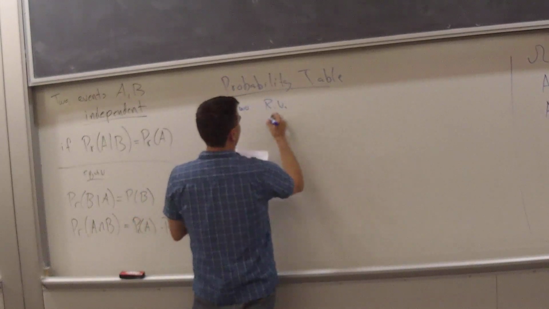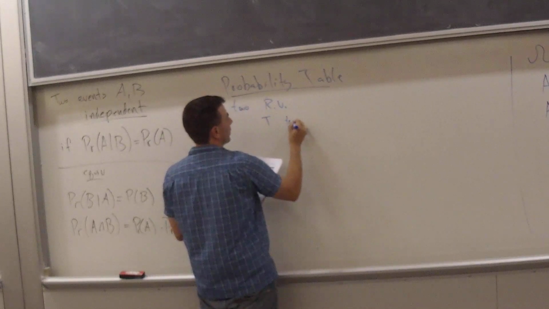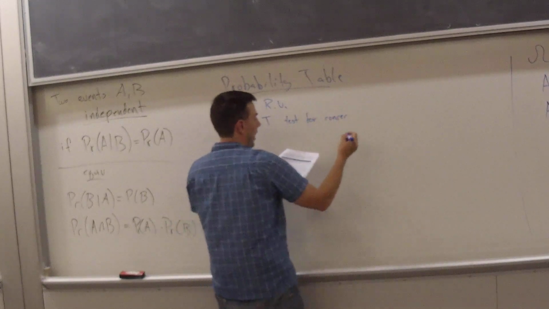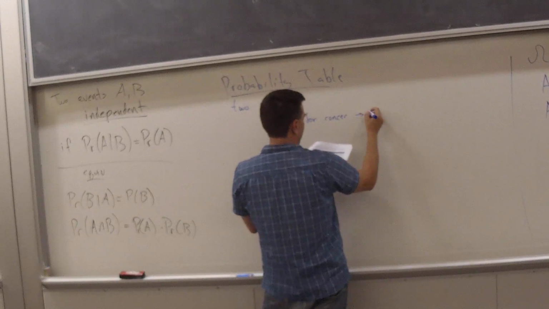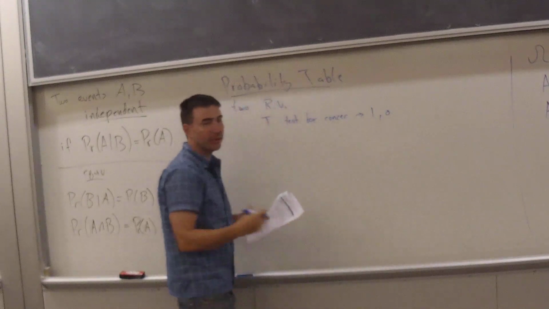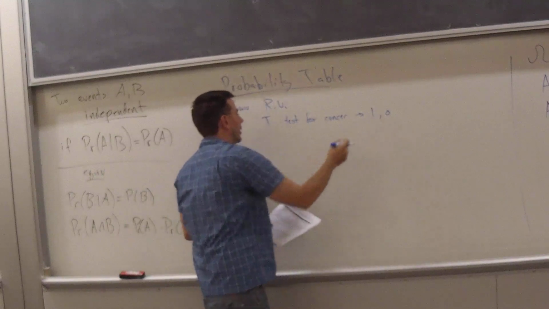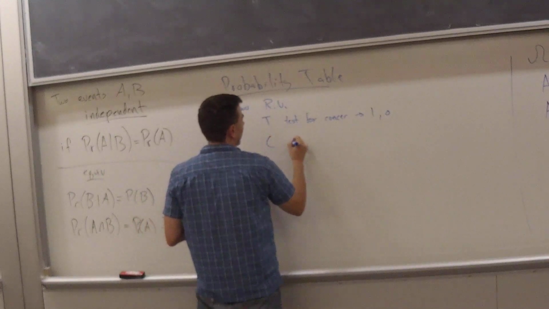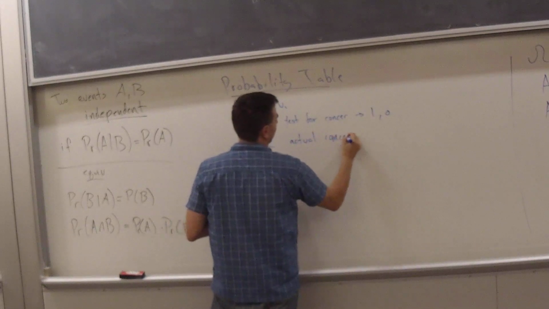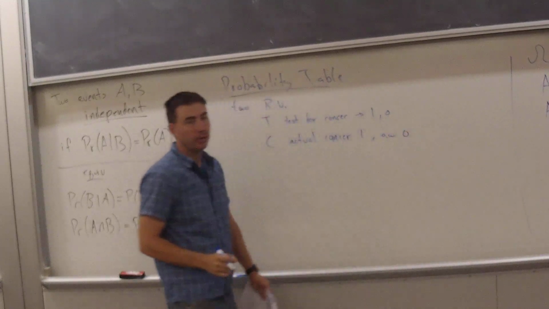T is going to be a test for cancer, and this is going to either go to 1 or 0. 1 means the test thinks it indicates I have cancer, and 0 says I don't have cancer, and C is actual cancer. If cancer is 1, otherwise it's going to be 0.